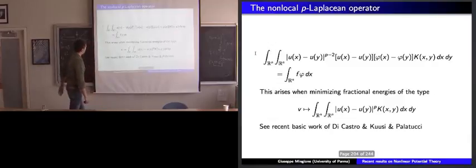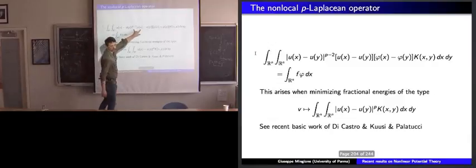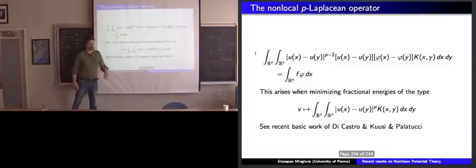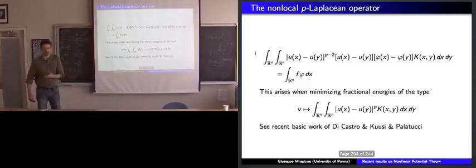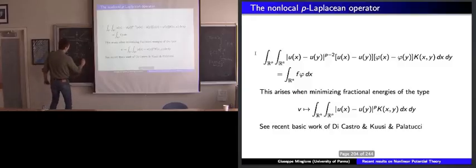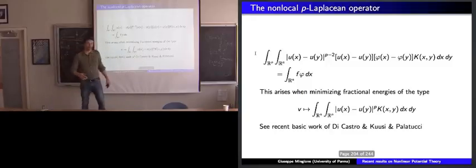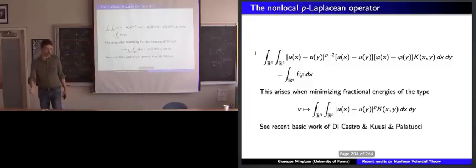Example. This one. And this comes as the Euler-Lagrange equation when the right-hand side is 0 from a functional like this. Oh, sorry, I should have put b here. So essentially, when the kernel is really this one, and p plus alpha, you are minimizing the Gagliardo p fractional seminorm.